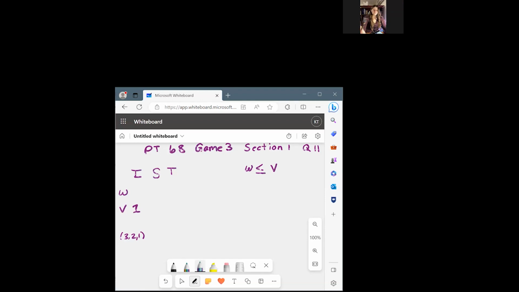Just want to make sure everyone is following. You can put it in the chat if you want. Yeah, 1, exactly. Just based on rule 1, they would both have to be 1 because W has to be less than or equal to V.